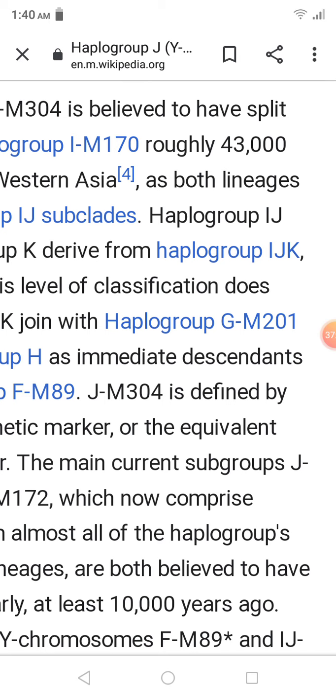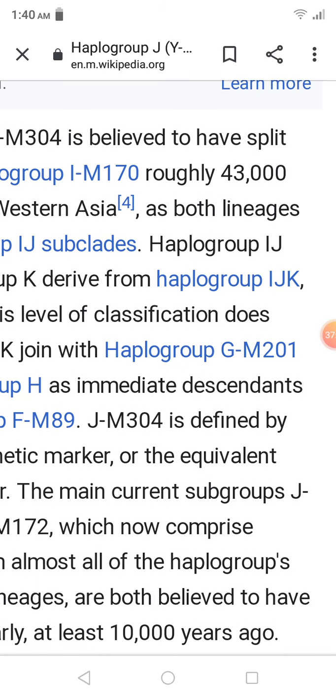But eventually, if you're like me and you keep studying and looking at this information, you see it eventually. And so haplogroup G is the beginning group of the Japhetic Caucasian group of people.